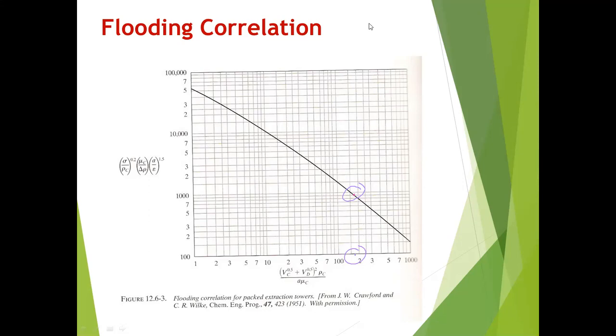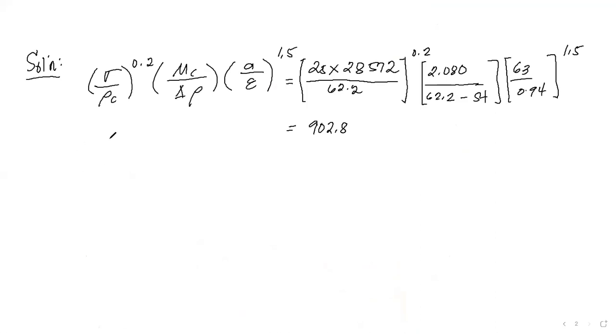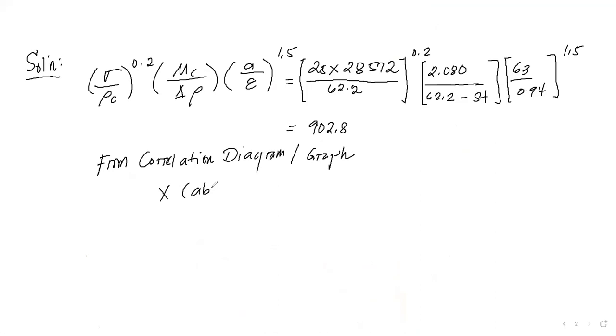So it really depends on the one who's reading it from the graph. So let's say we're going to use the 170. So from the correlation diagram or graph, your x or the abscissa is more or less 170.